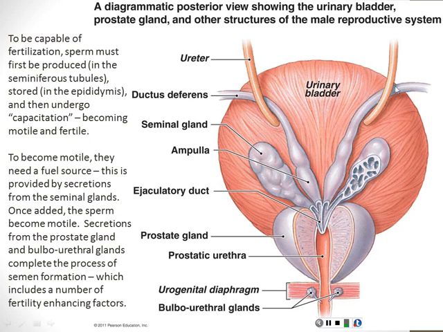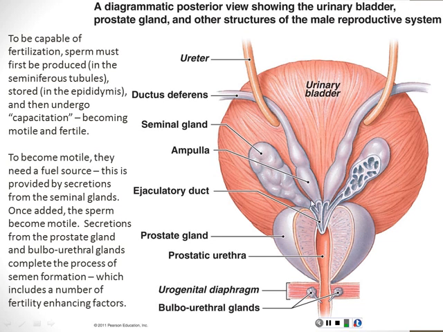The epididymis carries or stores the sperm, and then the ductus deferens carry them towards the urethra. What comes out here and here are mostly spermatozoa, not much else, just a little bit of fluid. In order to be activated, so to speak, the spermatozoa have to be capacitated. So we have these different glands.